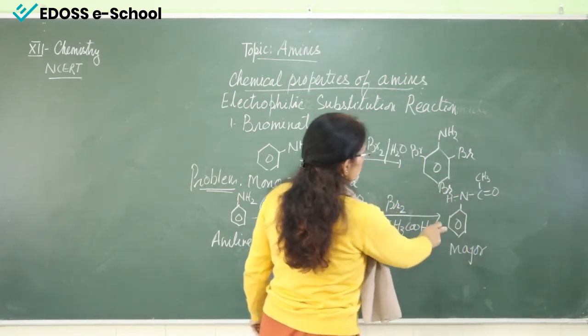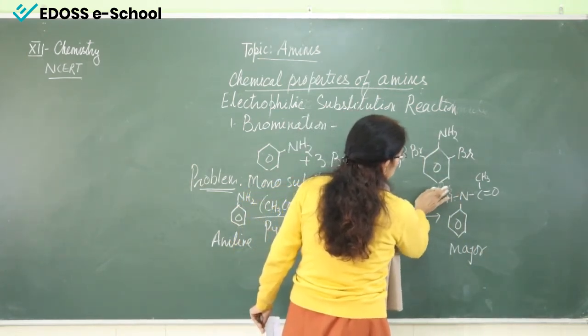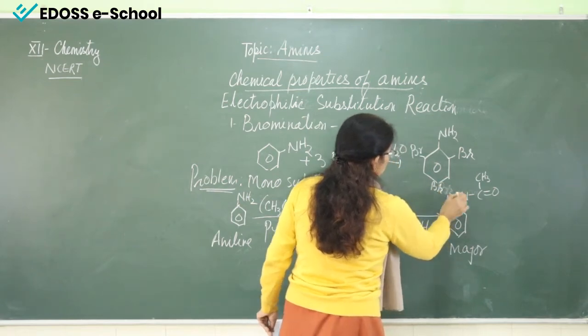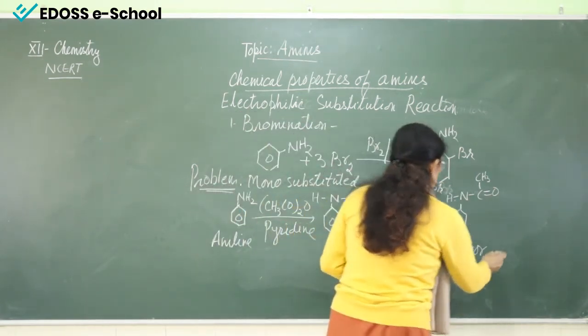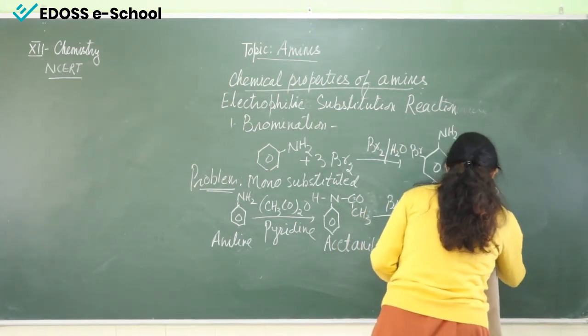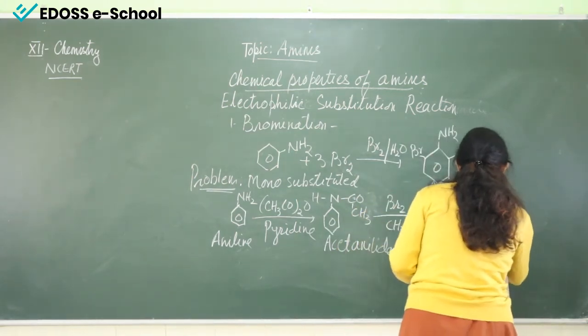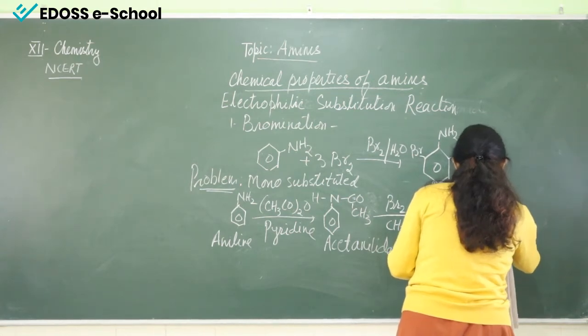We are getting a mono substituted aniline compound here. This is the major product, and on hydrolysis we are getting the final product.